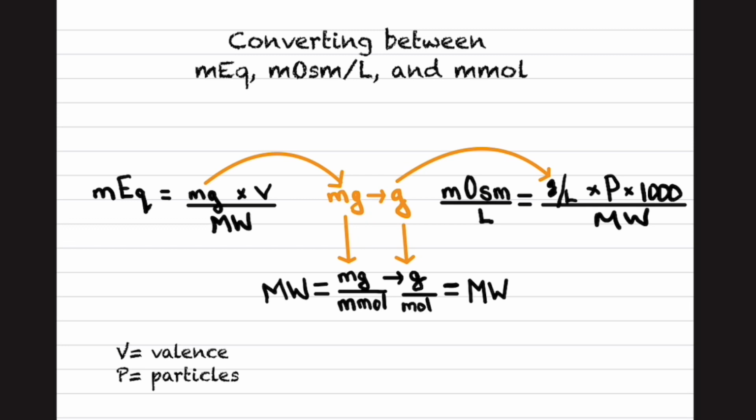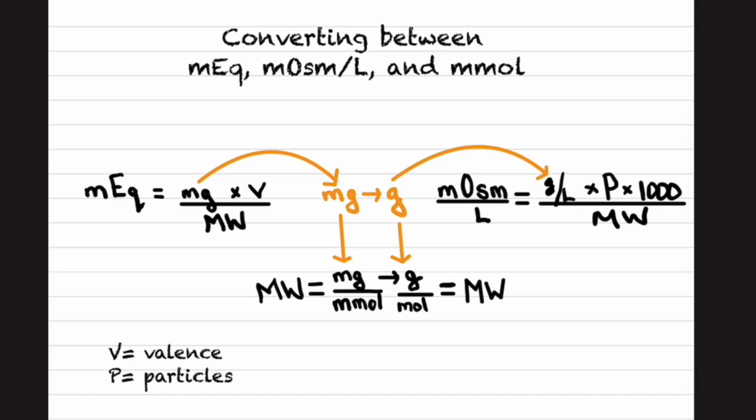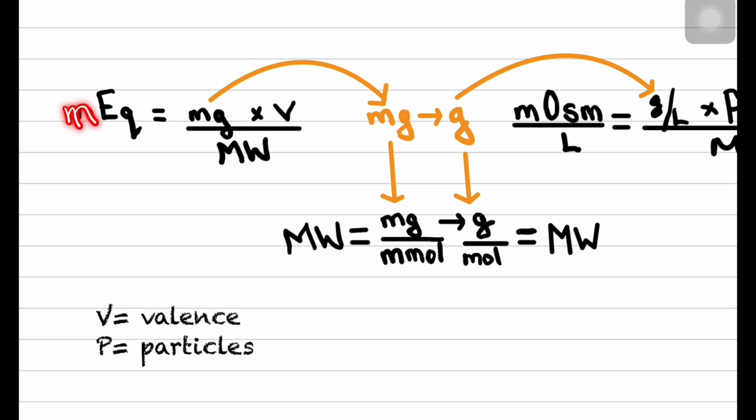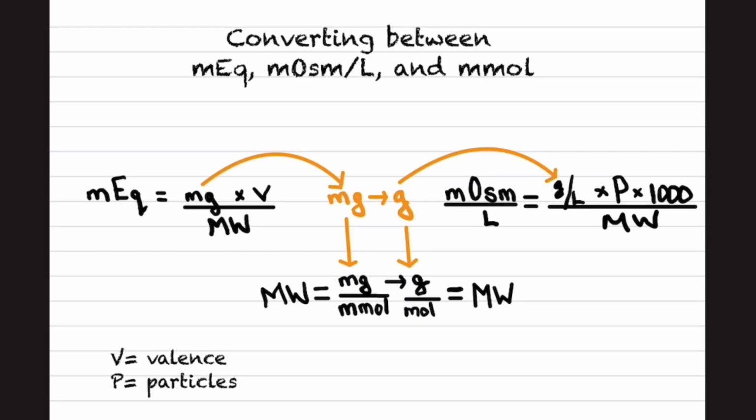I think of charge, and one way to help you remember is that the equivalence sort of looks like milligrams. And I remember that the way I write my Q also looks like a V. So that's how I pair up the valence and milliequivalence.